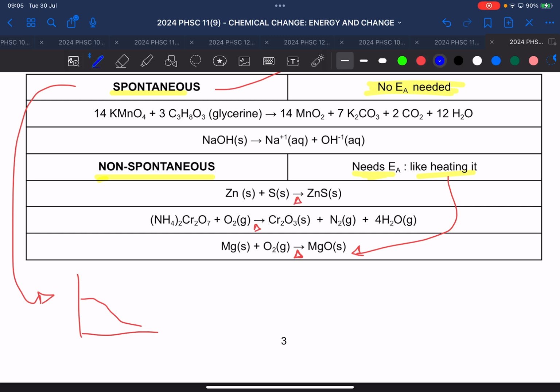What does the triangle represent? It stands for delta, yes, but what does delta represent in this case? When it's a triangle underneath the arrow, it stands for something else. Heated. So it means there's a flame.